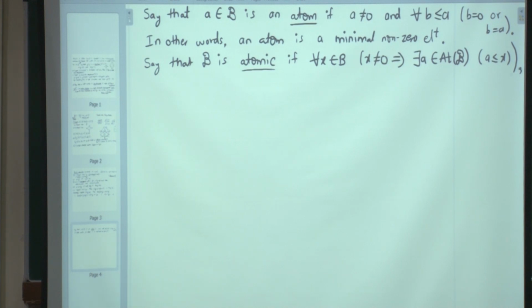Yeah, here atoms of B is the set of atoms of B.